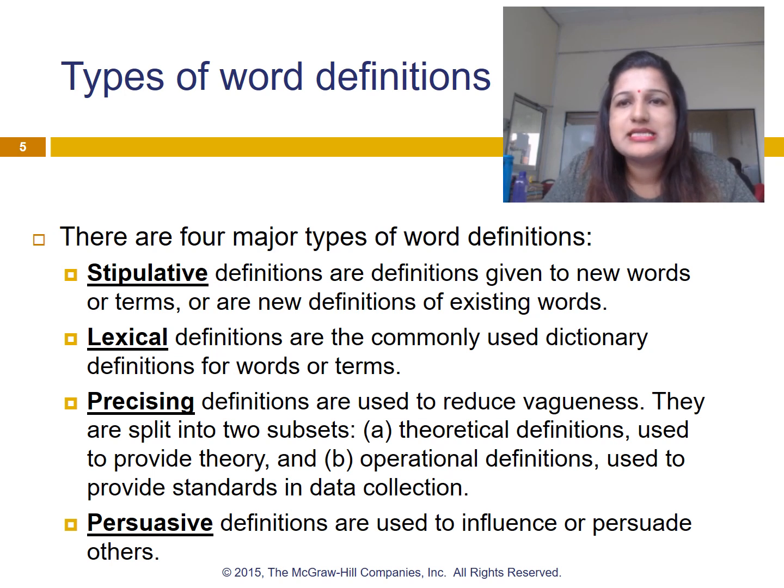Now, let's take a look at the last form of the definition, persuasive definition. From the word itself, you can get some idea that it's used to influence or persuade others. So this sort of definition is usually inclusive of opinions, personal biases, prejudices.